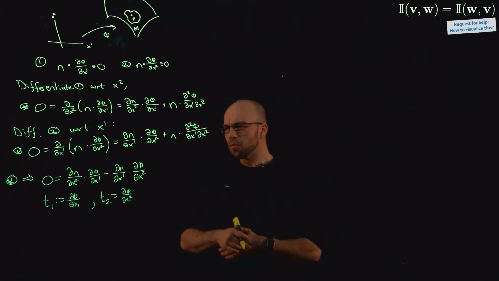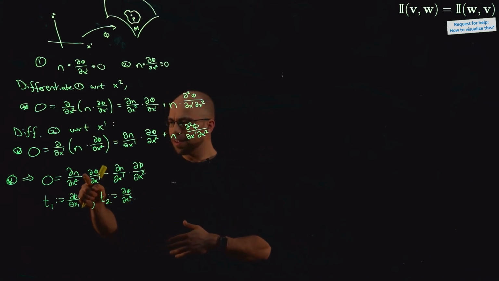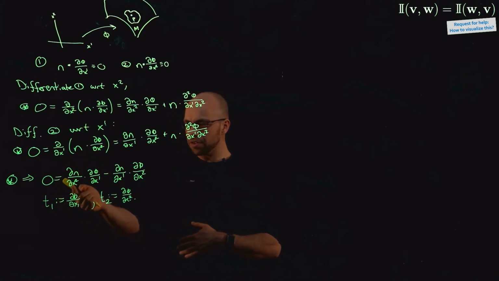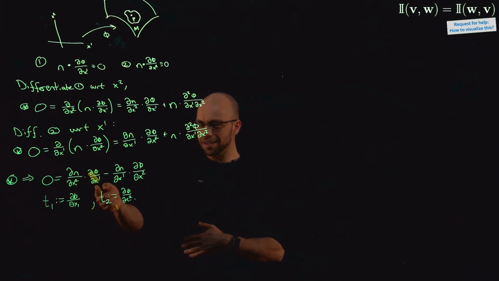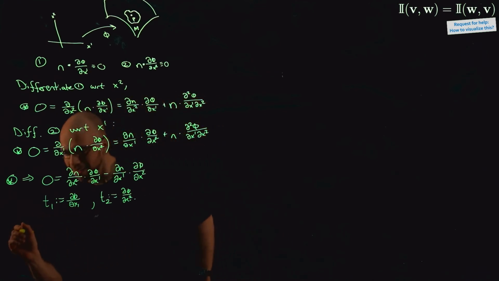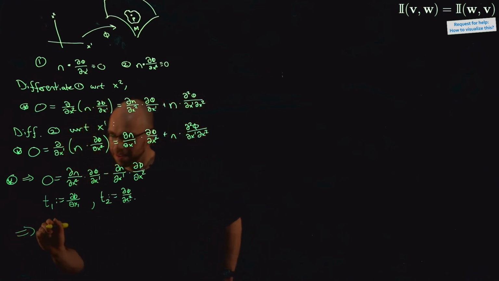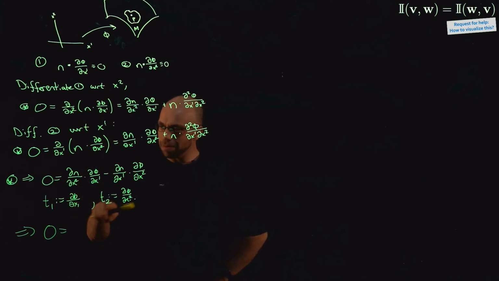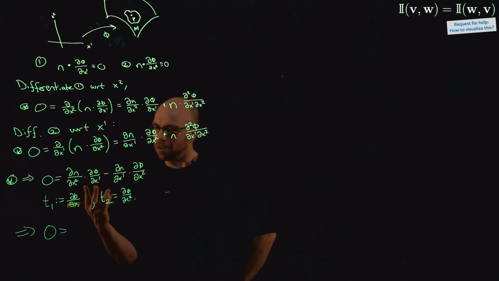So what did we do here? Well, if we look closely, this is the derivative of the normal vector in the x2 direction, dot product with T1. So I'm going to swap the order of these two terms.